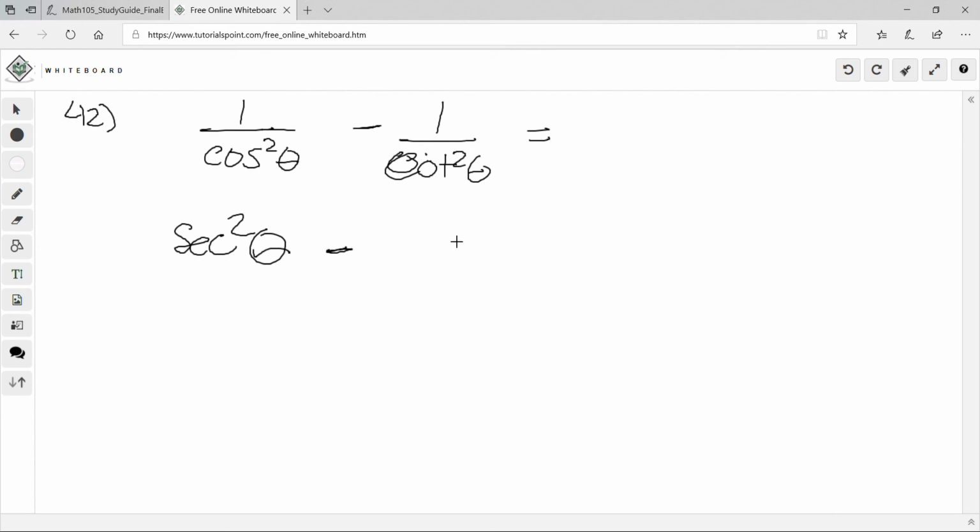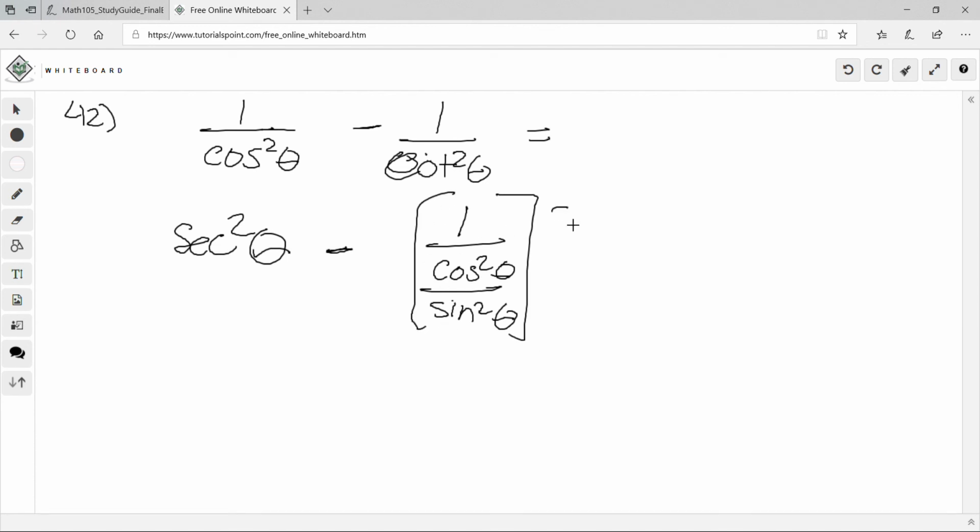1 over cotangent square theta is the same thing as 1 over cosine square theta over sine square theta. Compound fraction, so I'm going to multiply top and bottom by sine square theta.